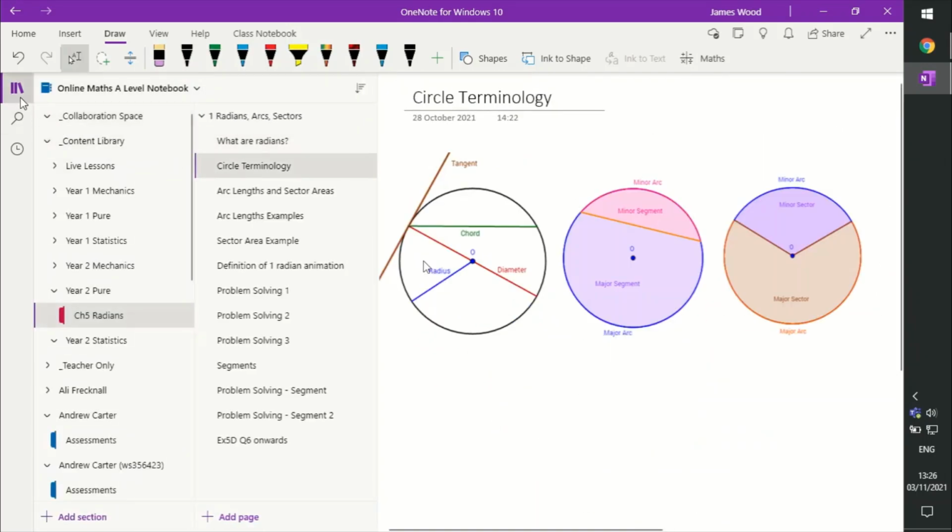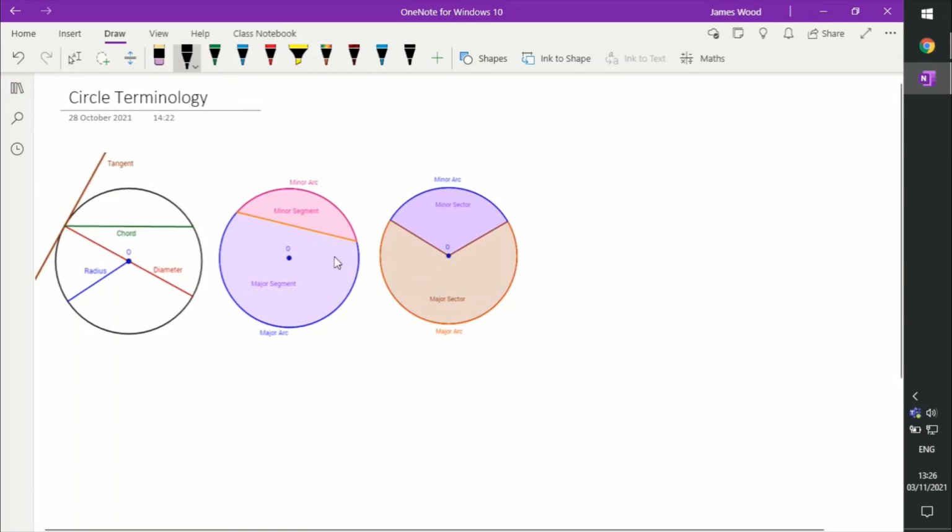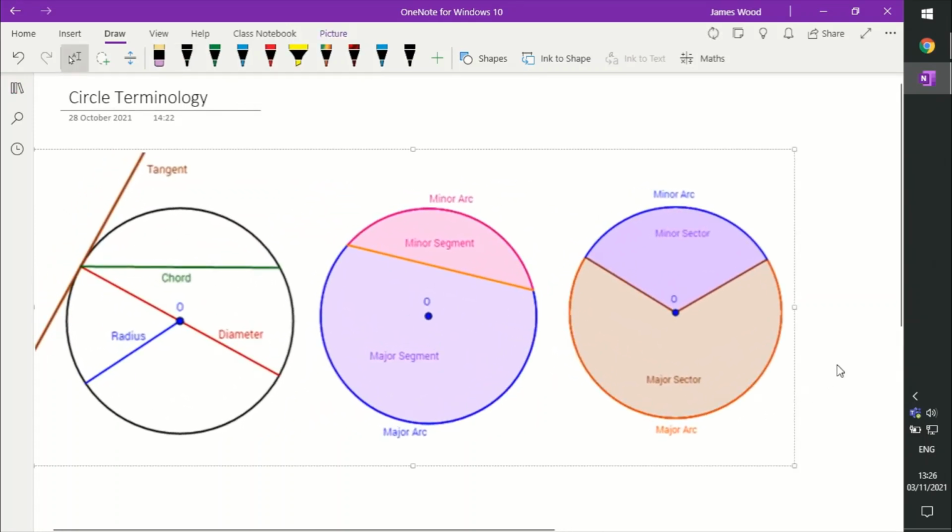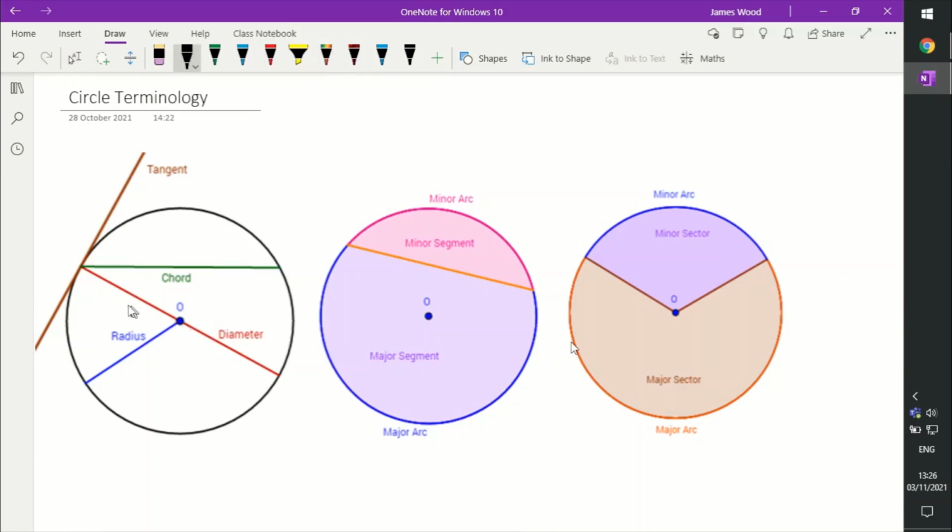Before we look at arcs and sectors, it's worth just going over a bit of terminology to do with circles. Let's look at this first one here. Hopefully these ones we should know. So we've obviously got the center here marked as O. Then we've got the diameter. So the diameter is the full width of the circle which goes through the center. The radius is obviously half of that, but the important thing is it goes through the center.